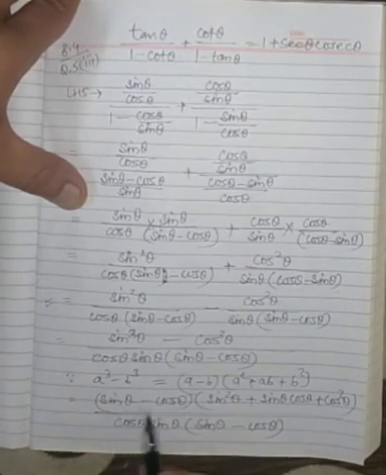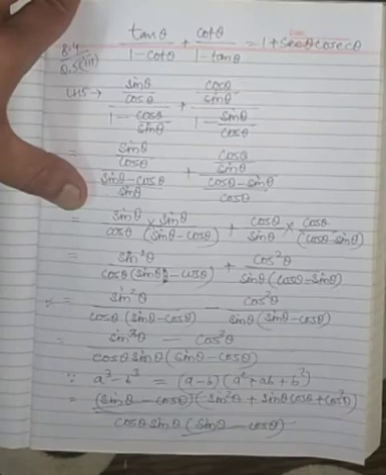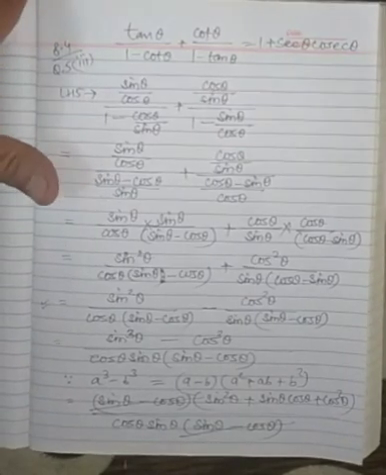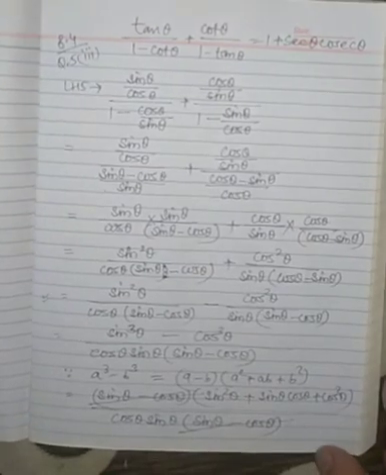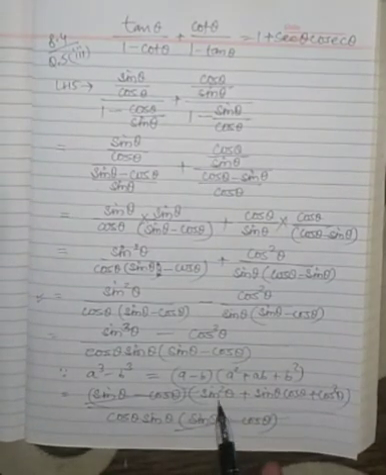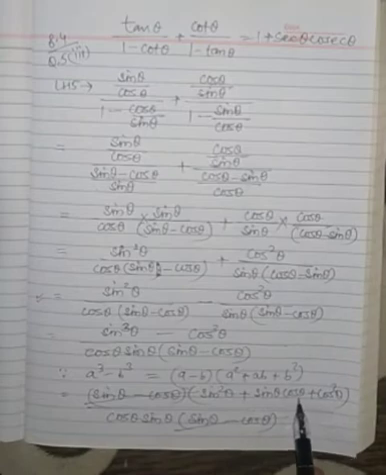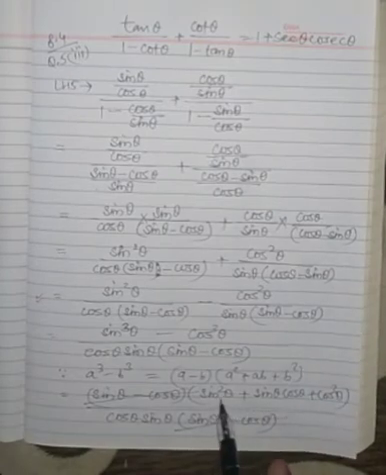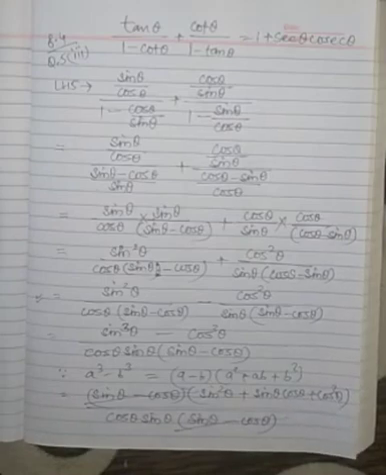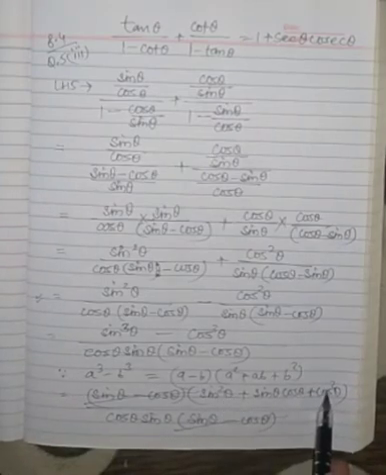But since we have sin theta minus cos theta same in both numerator and denominator, so it cancels. Now here sin square theta plus sin theta cos theta plus cos square theta is left. Now we know that sin square theta plus cos square theta is equal to 1. Therefore, in place of this we will write 1.